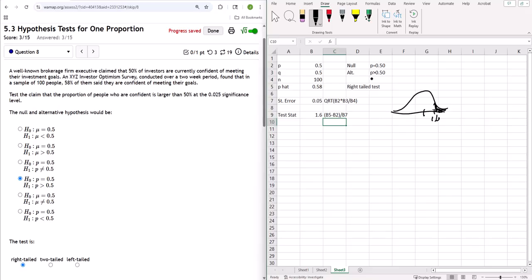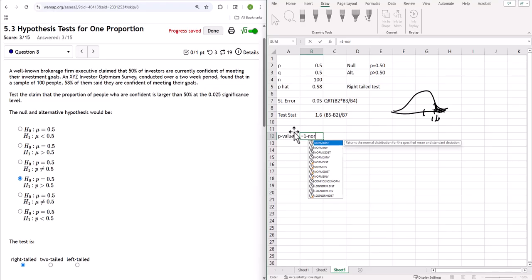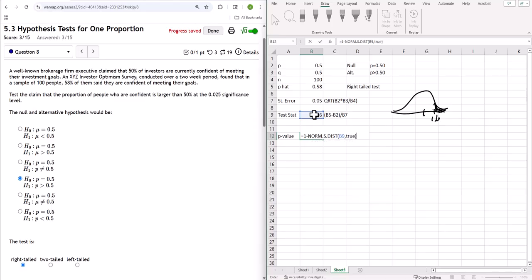So for my p-value, I'm looking for the area to the right there. And if I'm looking for the area to the right and it's a normal distribution, I have to do 1 minus the normal. And we have essentially here a standard normal distribution. And I'm going to just click on the test statistic and say true. This was 1.6, so it wasn't too bad anyway.